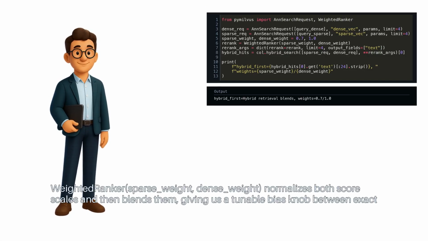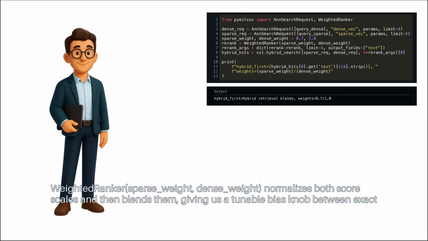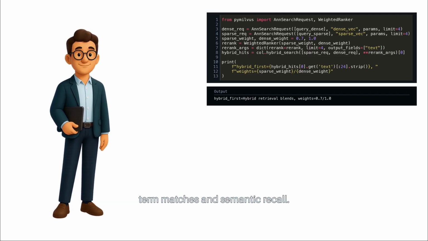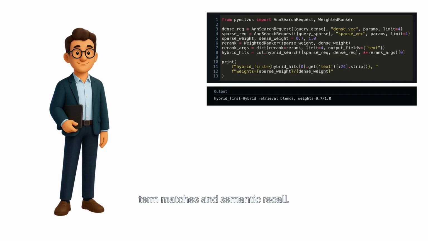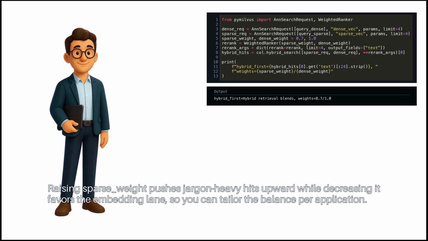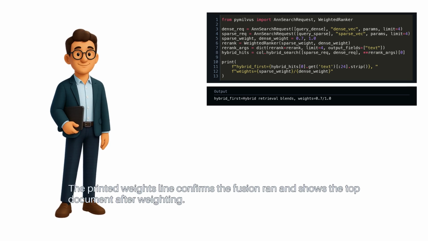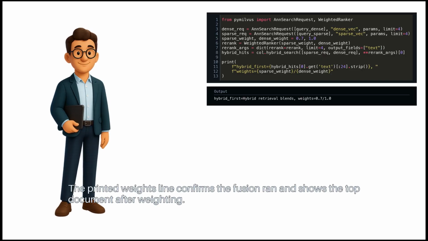WeightedRanker with sparse weight and dense weight normalizes both score scales and then blends them, giving us a tunable bias knob between exact term matches and semantic recall. Raising sparse weight pushes jargon-heavy hits upward, while decreasing it favors the embedding lane, so you can tailor the balance per application. The printed weights line confirms the fusion ran and shows the top document after weighting.